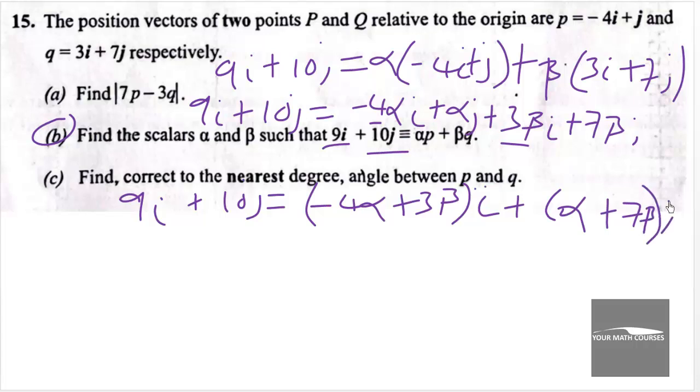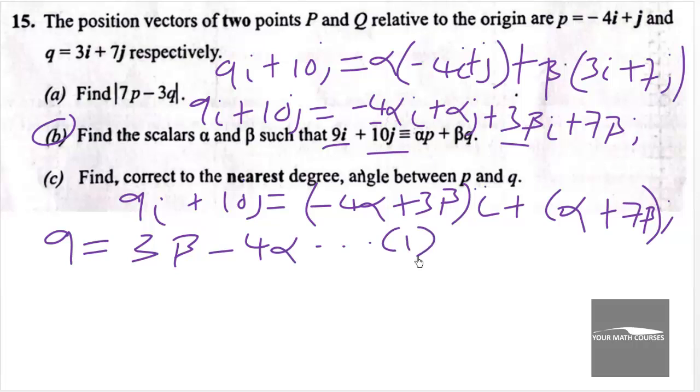So comparing the corresponding terms, we have 9 equal 3 beta minus 4 alpha. We can call this our first equation. Then we also have 10 equal 7 beta plus alpha.